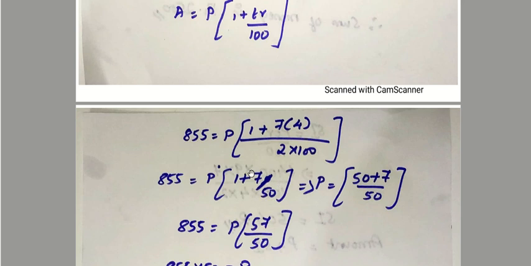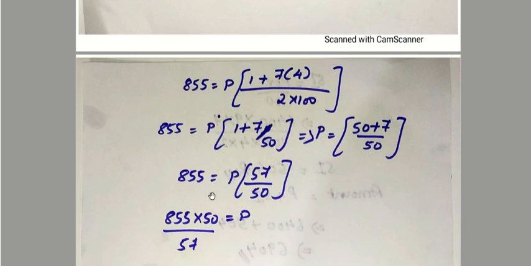So when we substitute the values in the formula, we get 855, which is the amount, equal to principal into 1 plus 7 by 2 into rate 4 divided by 100. So 855 is equal to P into 1 plus 7 by 50.